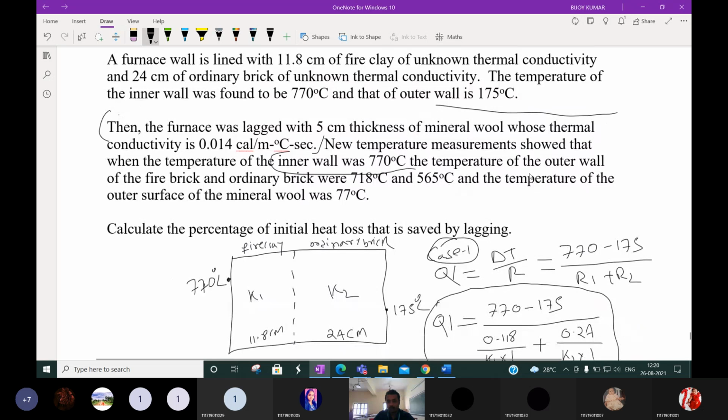Please read it carefully. The temperature of outer wall of fire brick and ordinary brick.